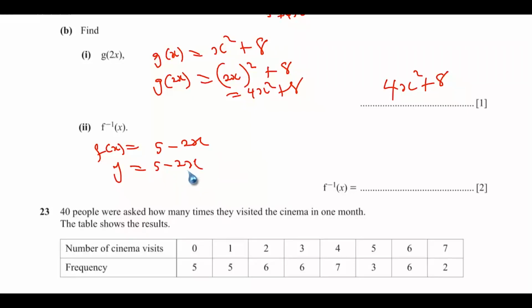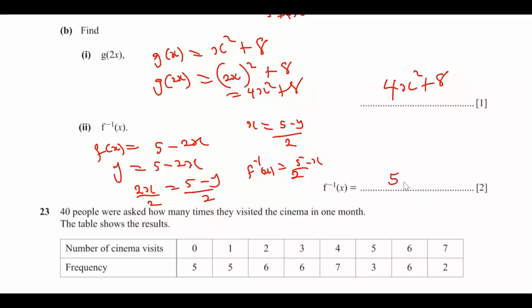Let's make x the subject of the formula. So you have 2x equals 5 minus y. Then divide both sides by 2. So you have x equals (5 minus y) over 2. Then finally replace x with f inverse of x and y with x. So that will leave us with f inverse of x equals (5 minus x) over 2.